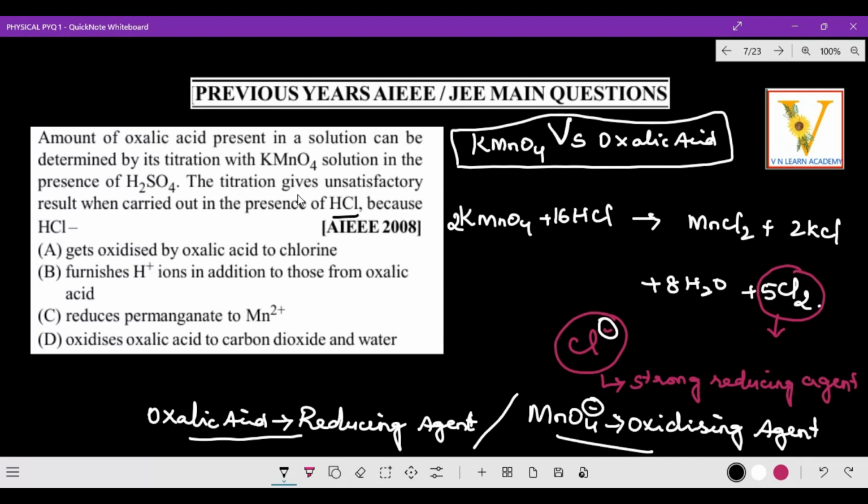The titration gives unsatisfactory result when carried out in the presence of HCl because HCl is dash. Whenever you do this titration, it is KMnO4 versus oxalic acid. I think you have done this during practical time. The exam will not ask this directly, but the viva question will be here only, right?